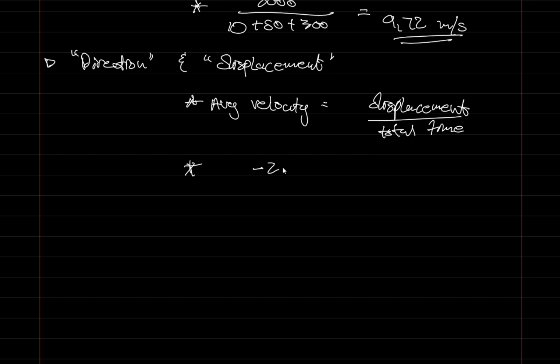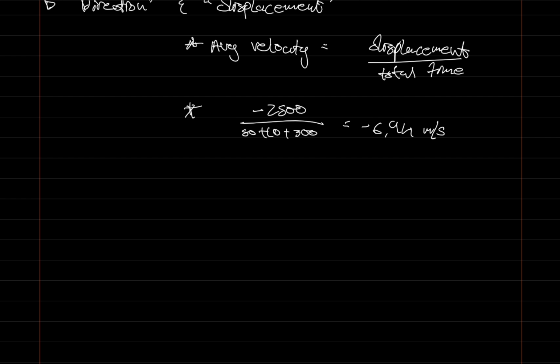So taking east as positive, that direction would be negative, meaning that now we'll have to divide by the total time of 50 plus 10 plus 300, which will give us a negative 6.94 meters per second.